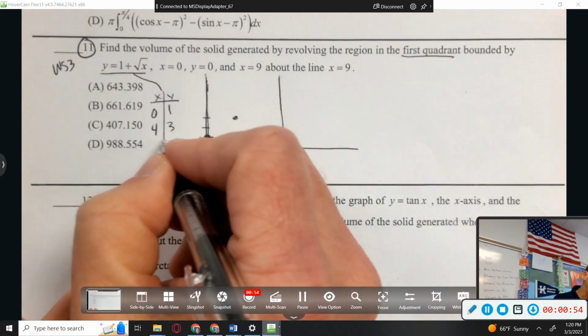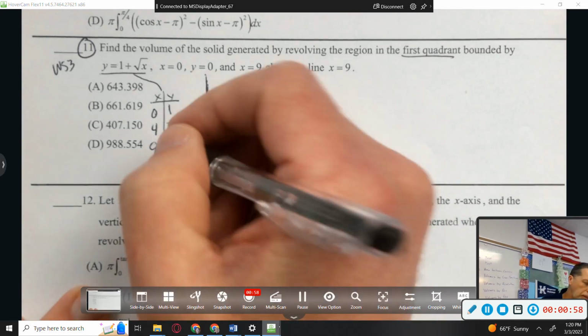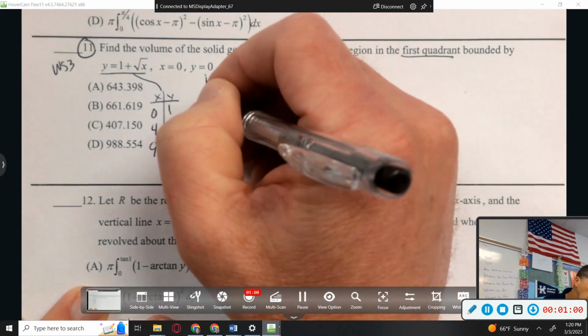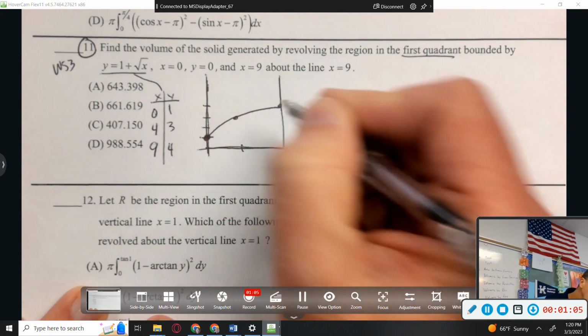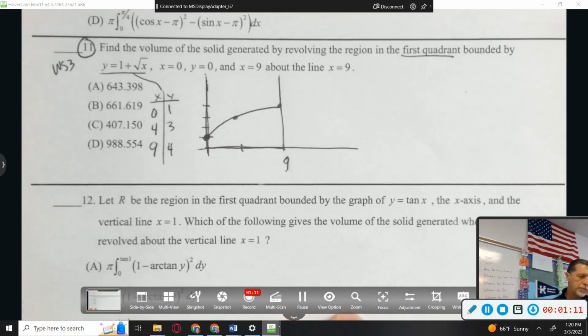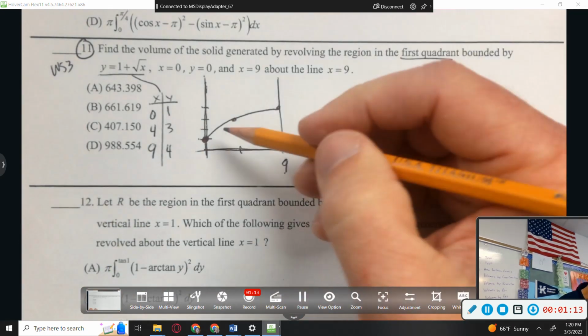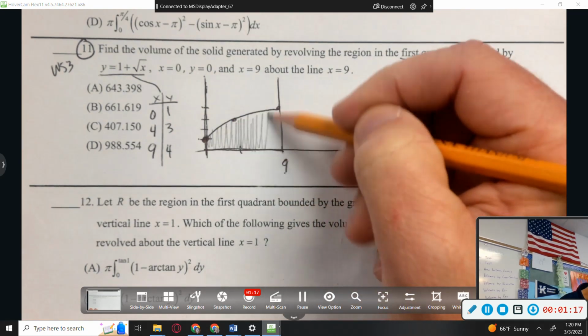And if I plug in 9, that's convenient because that's where we're going to, I would get 4. So it's the square root graph that's been bumped up 1. And that's our region that we're going to do something with.